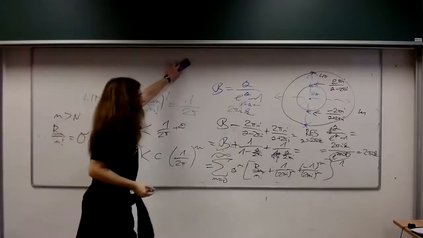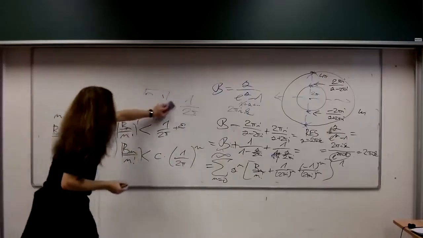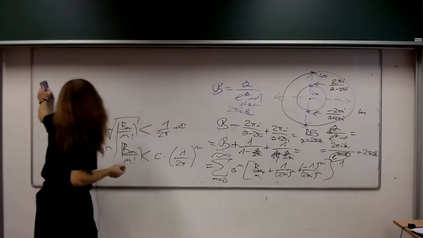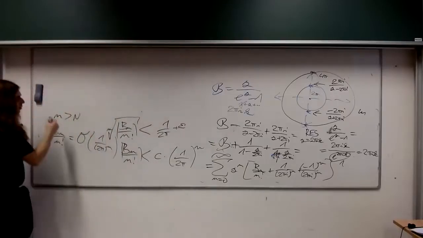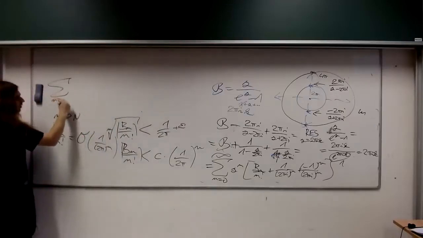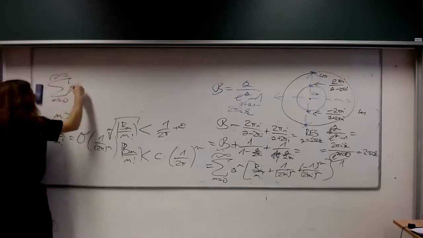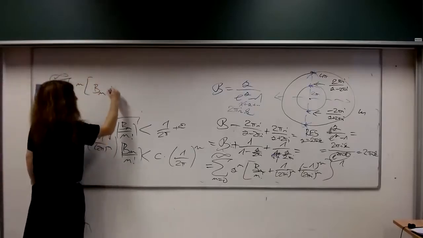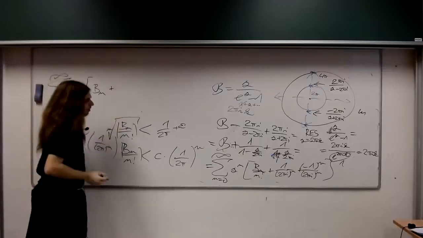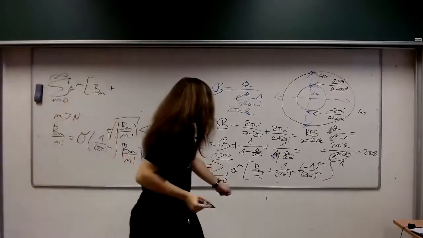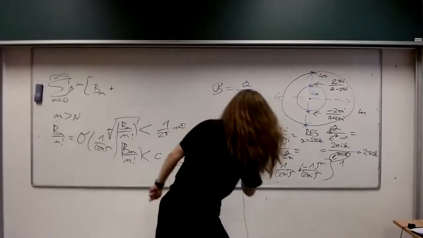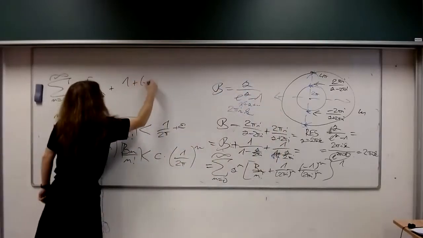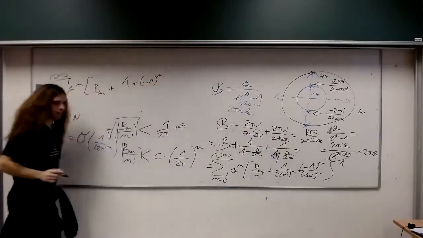So if we just simplify that a bit, then we get Bn plus, and here we have 1 plus minus 1 to the nth.